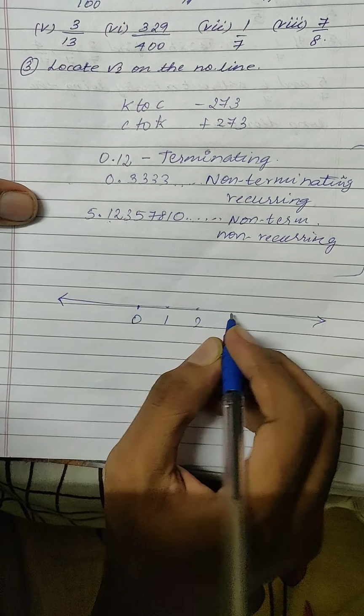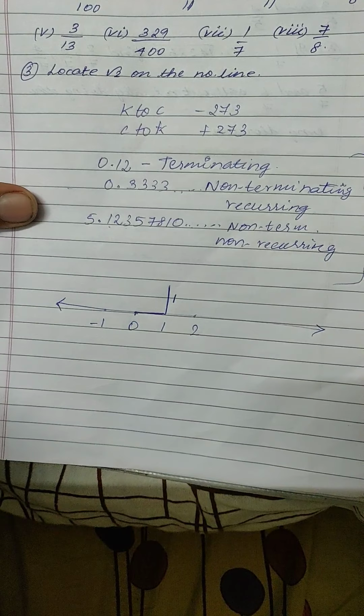Mark -1, mark 0, 1 and 2. Now you have to darken 0 to 1, and from 1, at 90 degrees, you should draw a straight line which is also 1 centimeter.